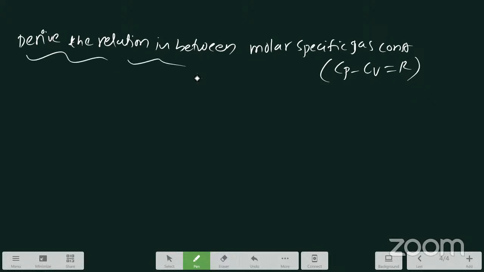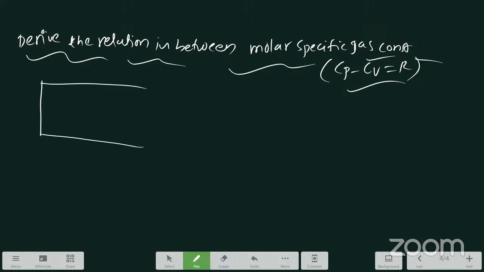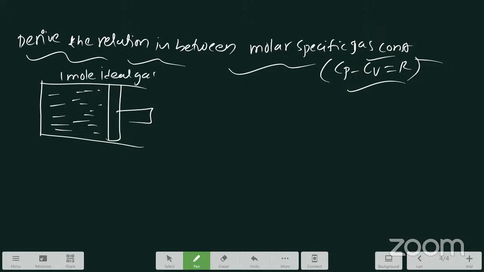Now, here, student, first, this is the gas. 1 mole ideal gas. Ideal gas means which obeys Boyle's law and Charles' law in all conditions. 1 mole ideal gas, student, filled in a cylinder.